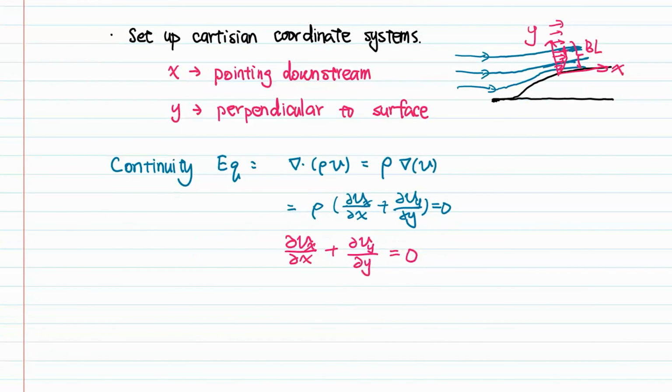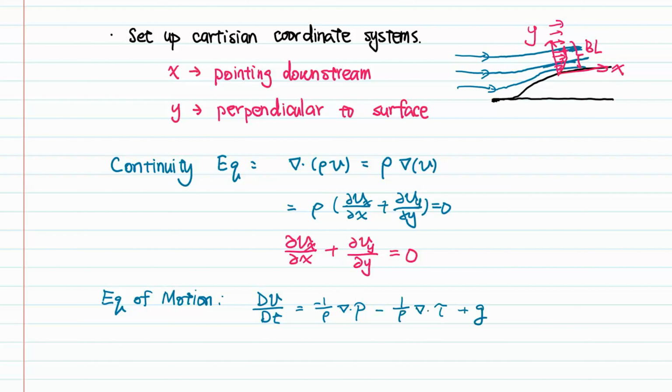Now let's look at the equation of motion. Let's consider a steady state problem. So, let's just start from the beginning. We have the substantial derivative of velocity over time equals negative 1 over rho the gradient of the pressure forces, minus 1 over rho the gradient of the shear stress tensor, and maybe some external forces like gravity.